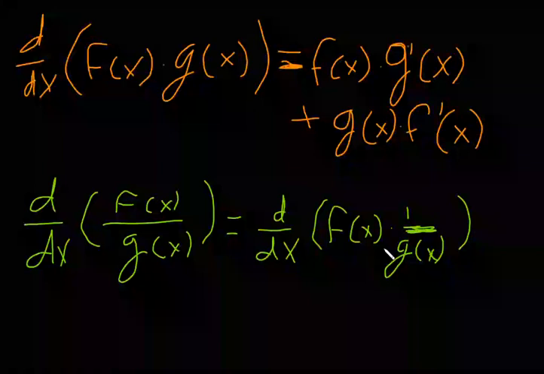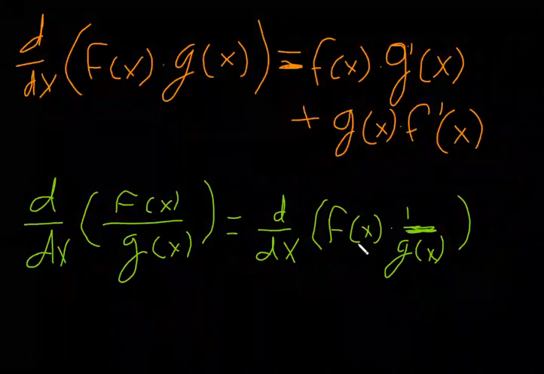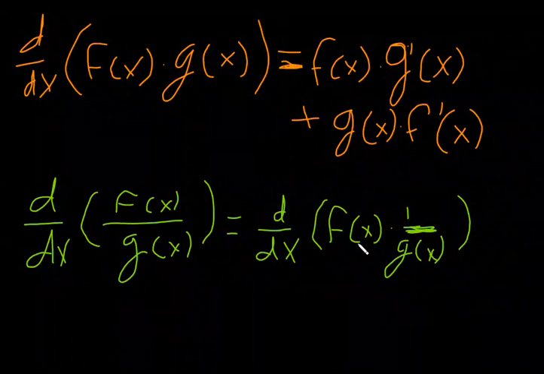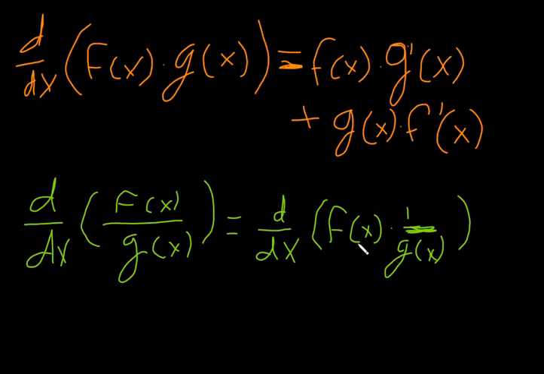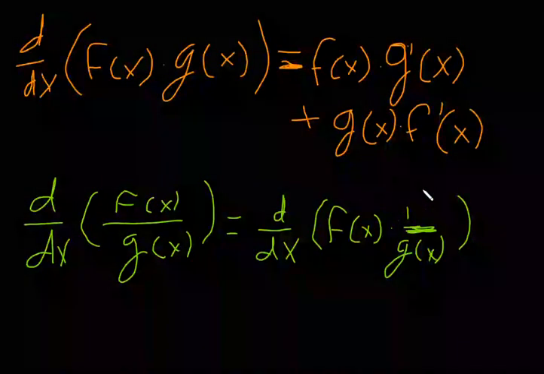And then we would use the product rule, which is a perfectly okay way to do it. But it is not necessary, because this will sometimes take a lot more work. We do have a formula.